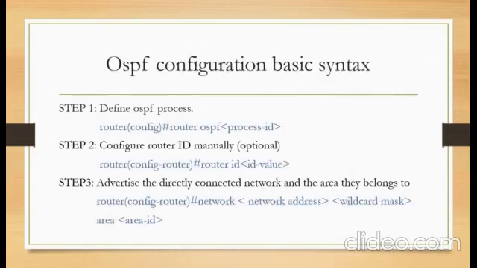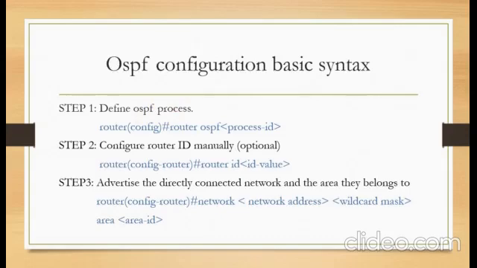Then we are going to see the configuration steps in OSPF. The first step is to define the process ID. Process IDs range from 1 to 65,535.